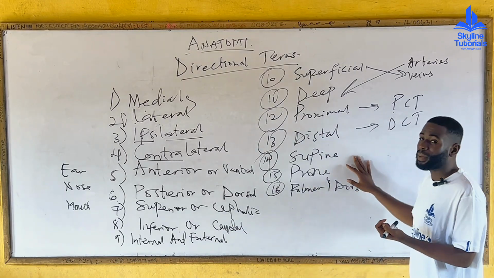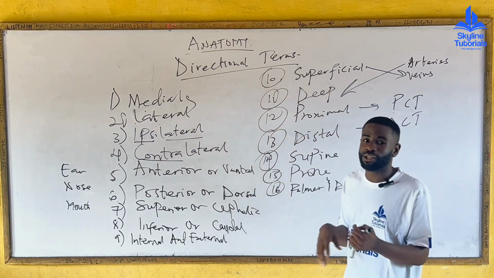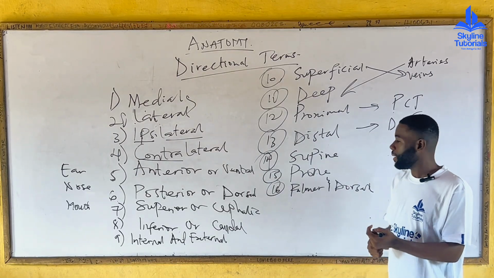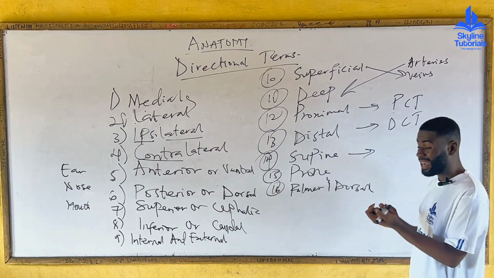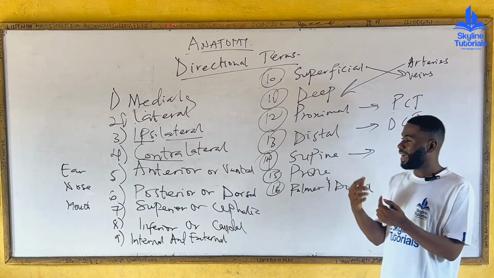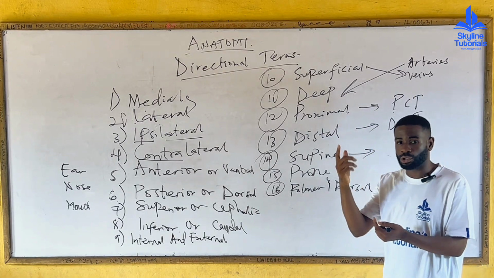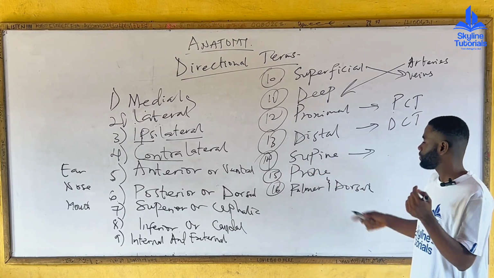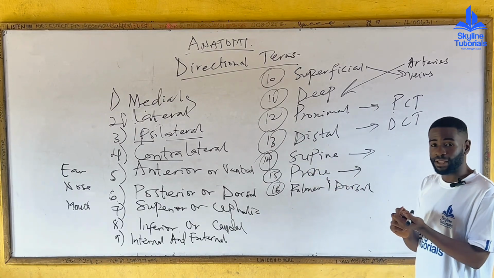Take note, supine. Supine is also a position that indicates an individual or the body lying down and the face facing upwards. You're lying down and the face is facing upwards. We describe that kind of position as supine. The next we have here is prone.